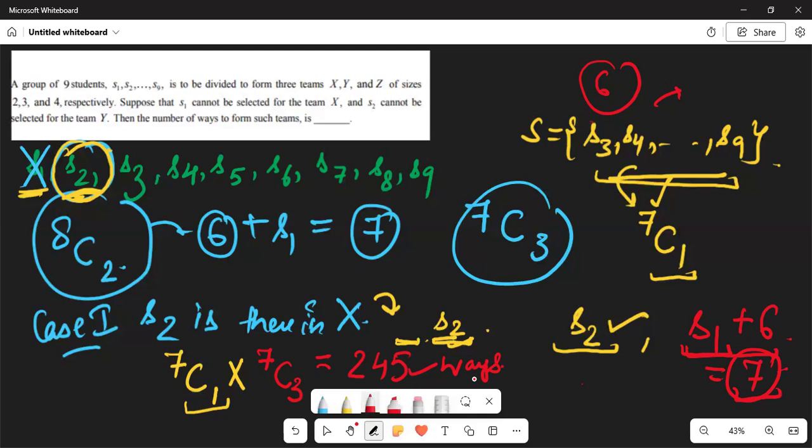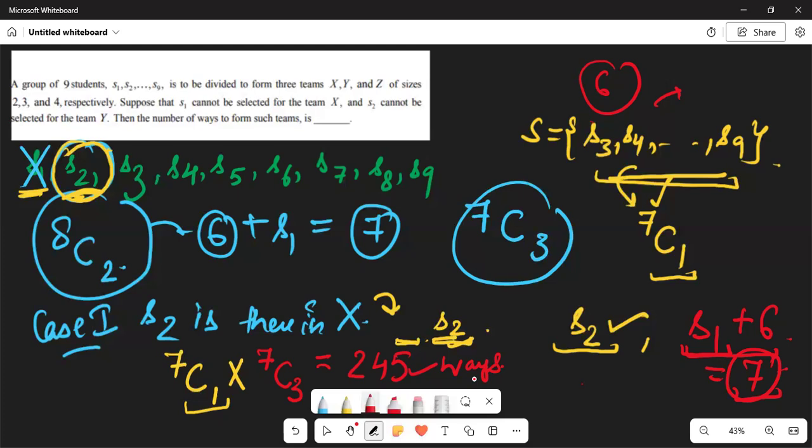So what we did, we took the first case that S2 is there in X. I have already fixed S2 in X. Now, since we have to choose two students for X, one remains to be chosen. And we have 7 students remaining because S1 is out of consideration and S2 is already taken.